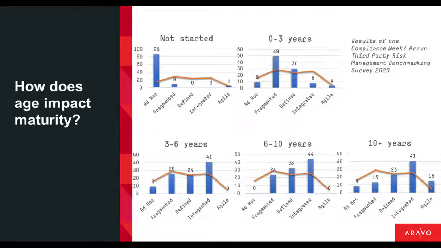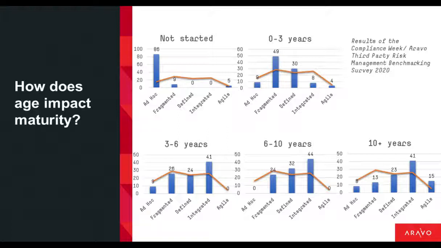But what I think is quite interesting as you look at this is that you've got respondees whose programs are either not started or between 0 to 3 years in age, self-assessing that their programs are agile. That's 5% and 4% respectively. But look at those between 3 and 10 years. None at Agile. So I think what's happening here is it's like reality has set in.